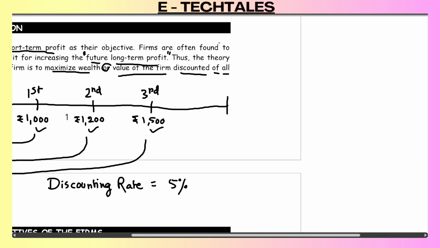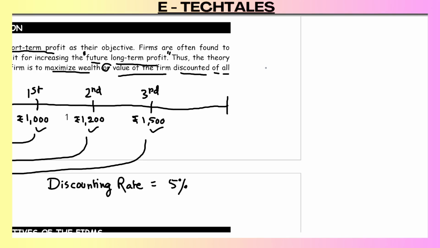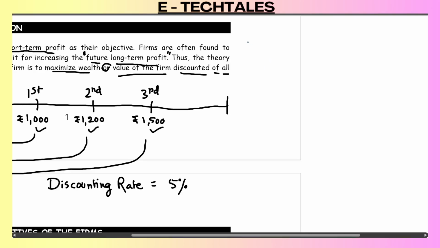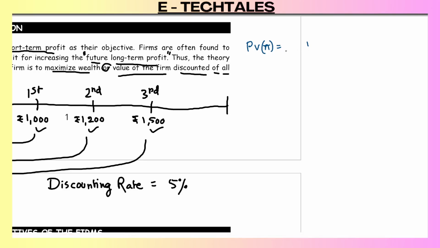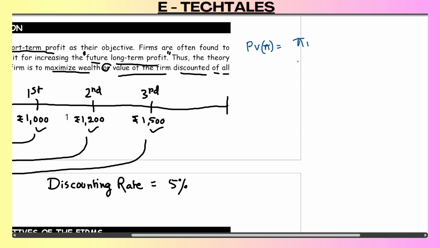The formula that is used here is called the value of the firm, and the formula is presented as PV equals pi 1 by 1 plus r to the power 1, plus pi 2 by 1 plus r to the power 2, plus pi 3 by 1 plus r to the power 3.